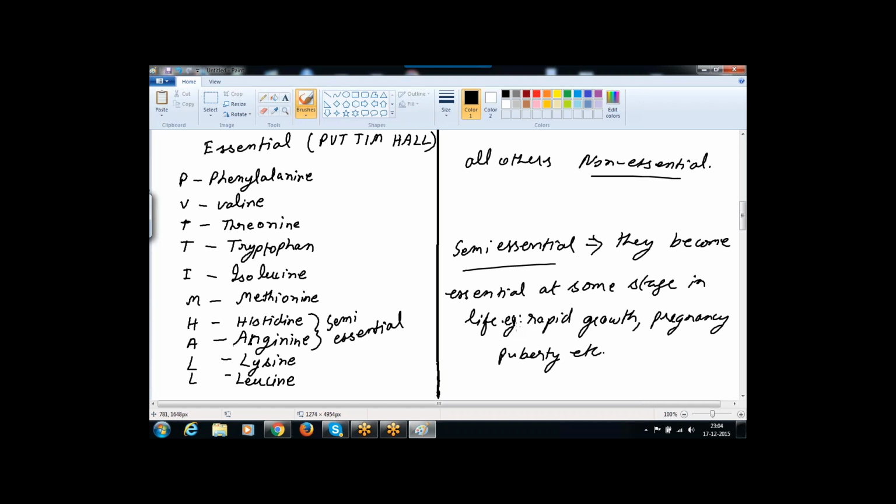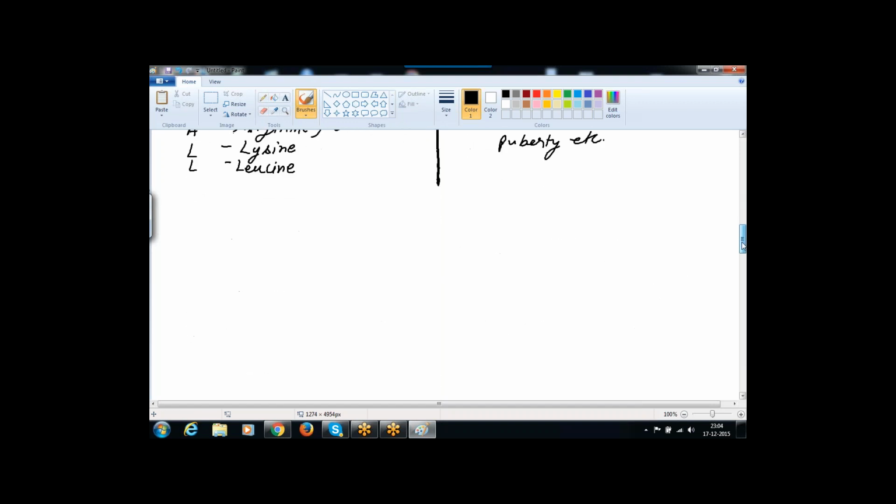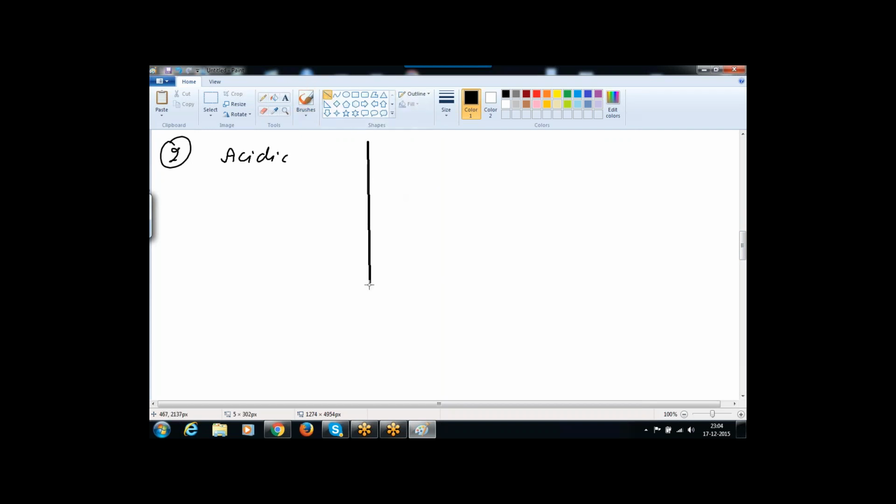So this is one type of classification. Then amino acids can also be classified into acidic, basic, and neutral.